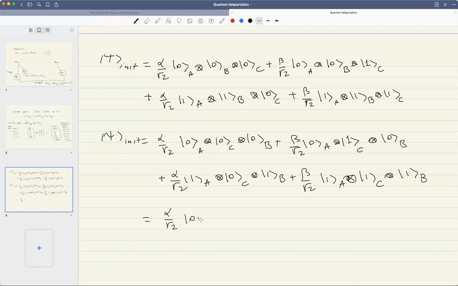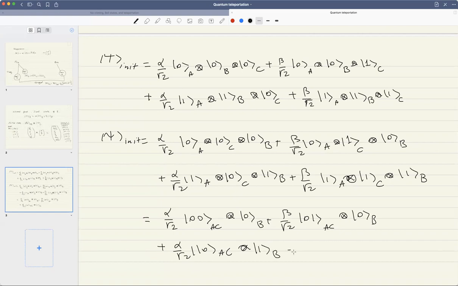Then I have the 0 0 of AC with 0 of B. I have 0 1 of AC with 0 of B. I have 1 0 of AC, 1B, 1 1 of AC.